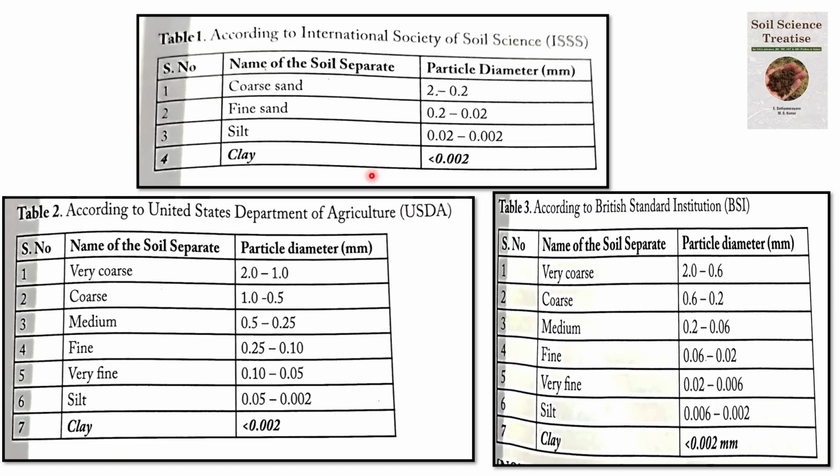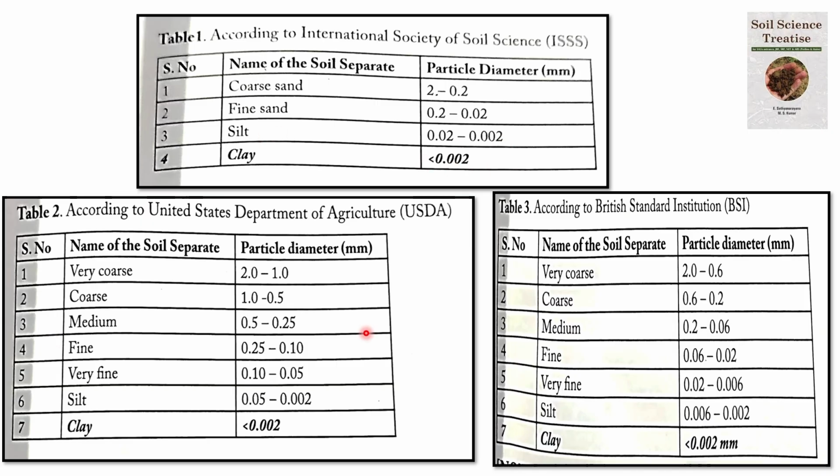Sand is of two types, coarse and fine. Coarse sand means 2 to 0.2 millimeter. Fine sand means 0.2 to 0.02 millimeter. Silt is 0.02 to 0.002 millimeter, and clay is less than 0.002 millimeter.